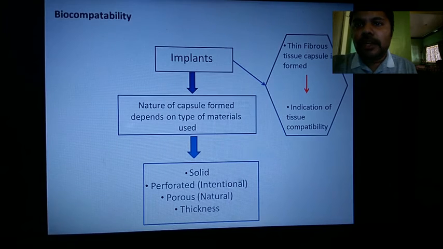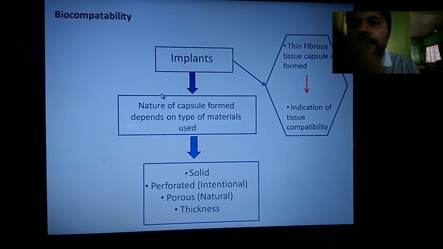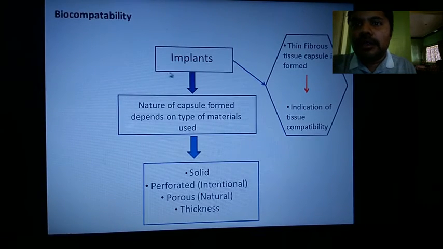Biocompatibility. In biocompatibility applications, it is used in implants. When we implant the alumina, a thin fibrous capsule is formed inside the human body. The nature of the capsule formed depends on the type of material used.